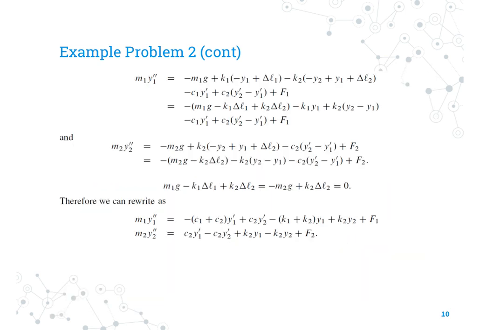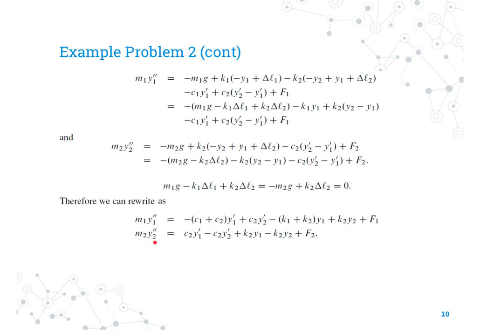Taking all of these values that we've just defined and plugging them into our two equations where we were summing all the forces allows us to boil down the system to M1 y1 double prime equaling negative (C1 plus C2) times y1 prime plus C2 y2 prime minus the two spring constants added together times y1 plus K2 y2 plus the external force on mass 1.